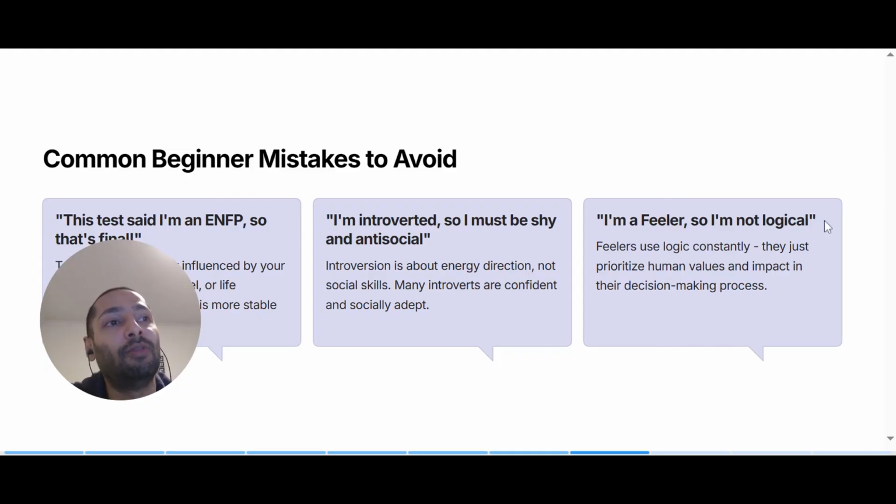I'm a feeler, so I'm not logical. That's not actually true. A lot of F types are actually more logical than the T types. So the FJs are all logical. INFJs, ESFJs, ISFJs, they actually are more logical. It's just that their first function is a feeling function.